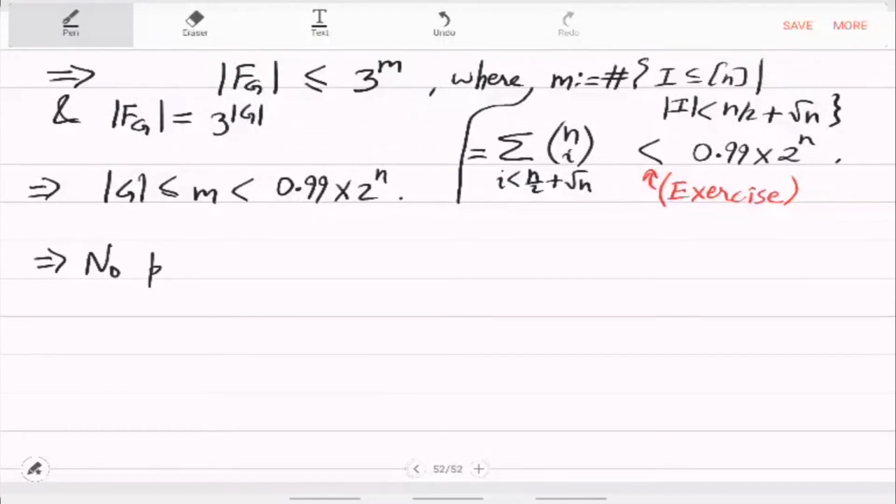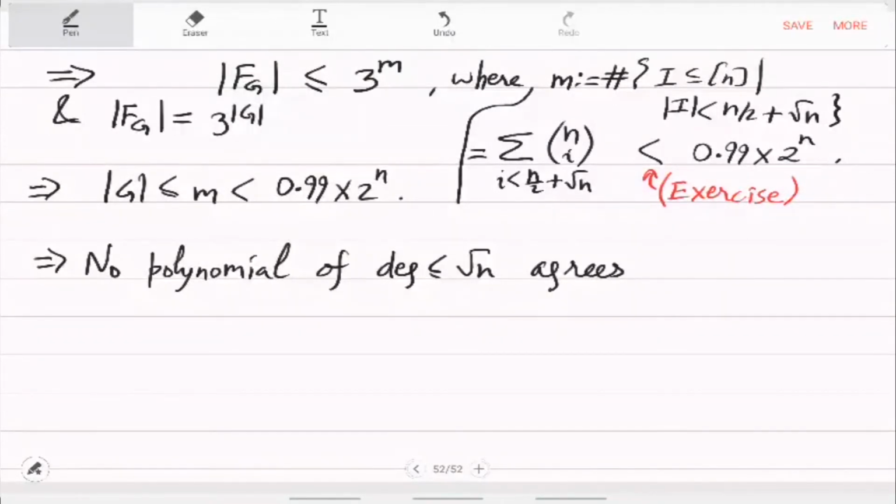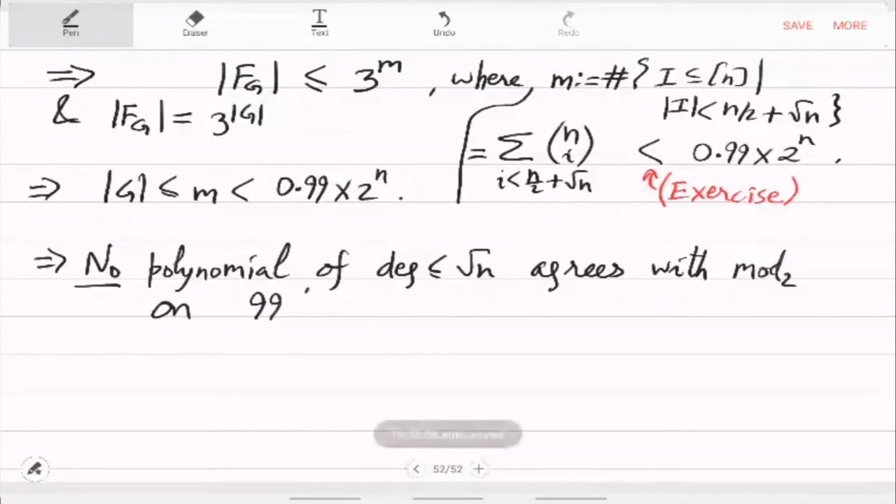So no polynomial of degree less than or equal to square root n agrees with mod 2 on 99% of inputs.